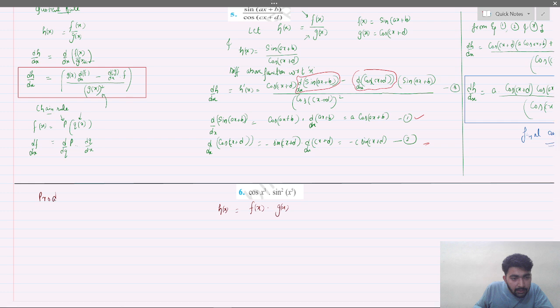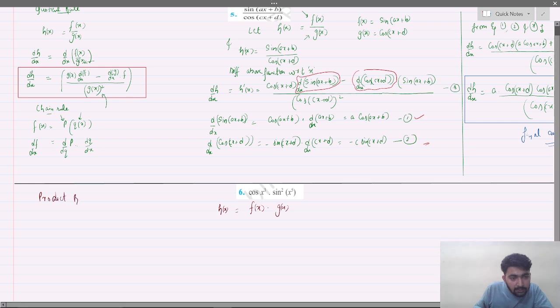What is our product rule? I will explain how we can find the product rule. You have h of x, which is the product of two functions, f of x into g of x. Now if we want to differentiate our function, we need to represent it as dh upon dx, the derivative d by dx of f of x into g of x.